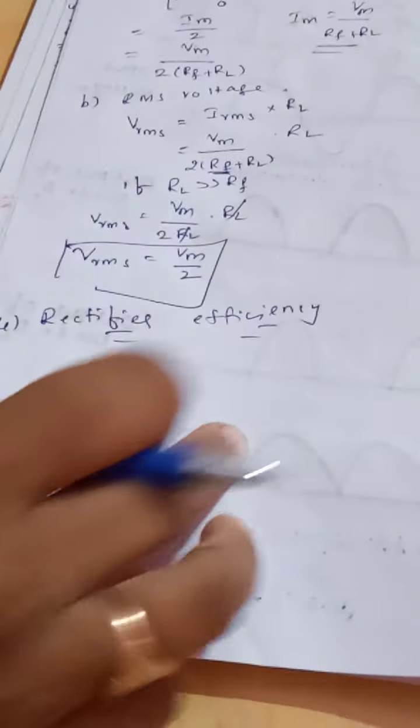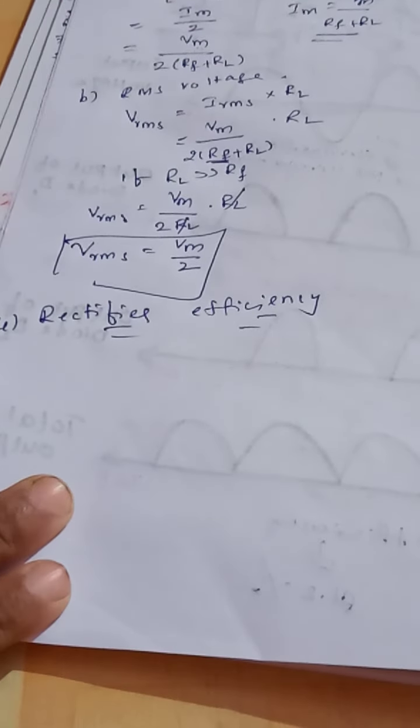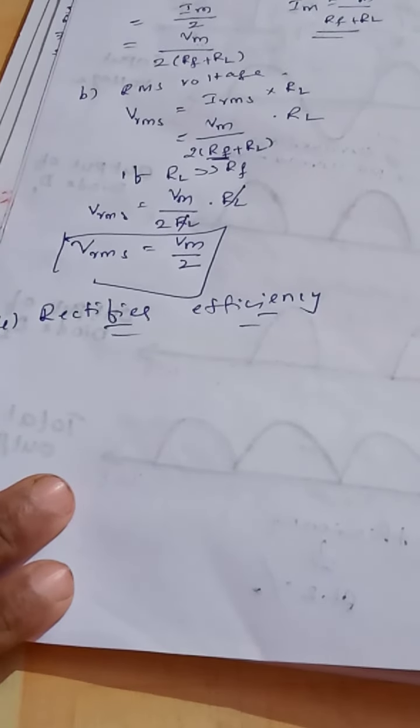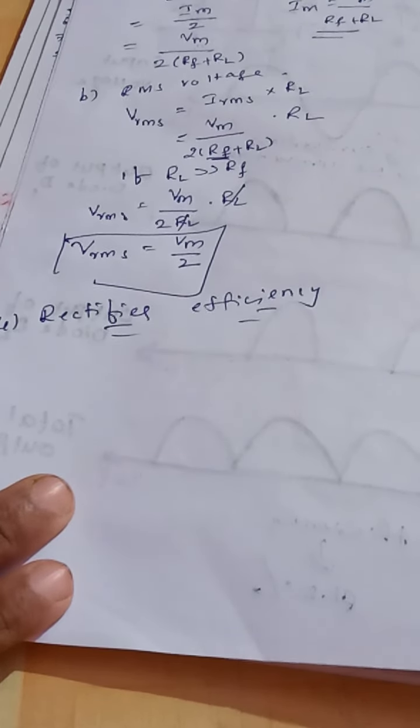Now next, let us find out rectifier efficiency. What the efficiency says is, this particular half wave rectifier, how much AC it converted into DC, how much efficiency it is having.